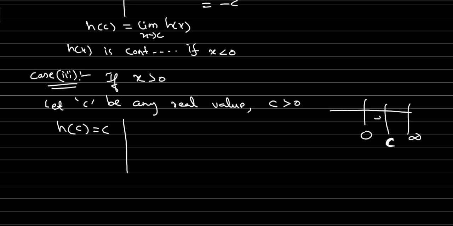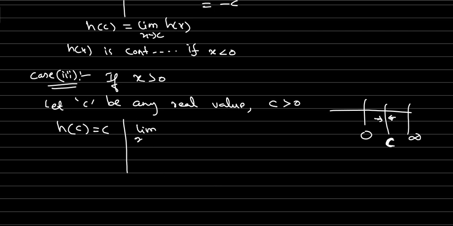Now from the left hand side, if it is approaching towards c, and the right side close values are both greater than 0, then in the process of finding the left hand limit and right hand limit, in place of the function we use the positive function only. When you use the same function, the result is going to be the same. So instead of finding it separately, I'm going to find it together.